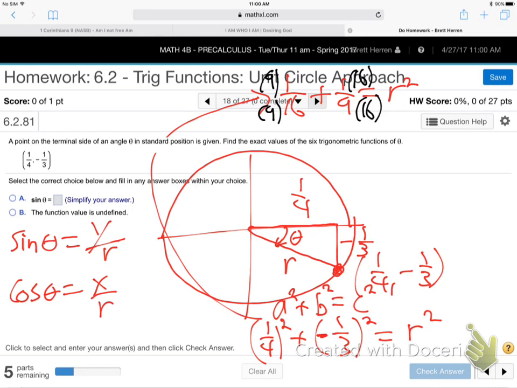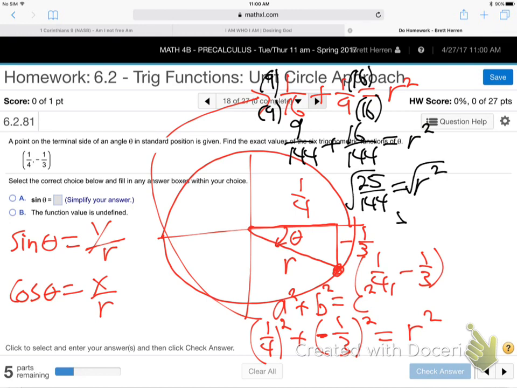I'm going to multiply top and bottom by 9 on the first one, top and bottom by 16 on the second one. That'll make the two denominators whatever 9 times 16 is, 144. So that'll make it 9 over 144 plus 16 over 144. And that's very nice. It's 25 over 144. Root it. 5/12. r is 5/12.